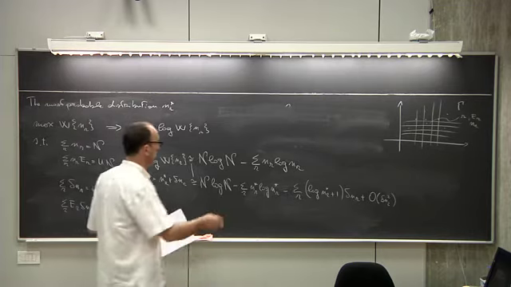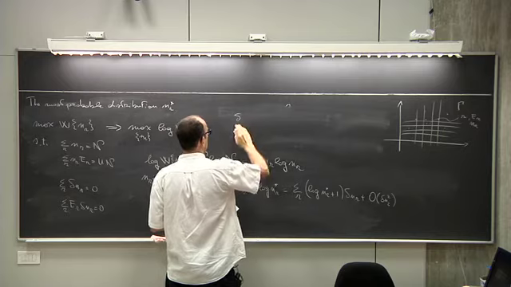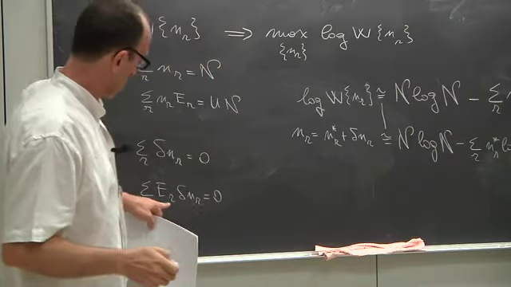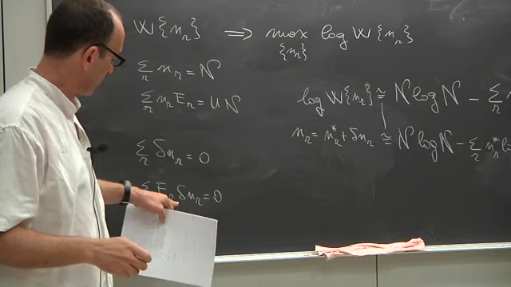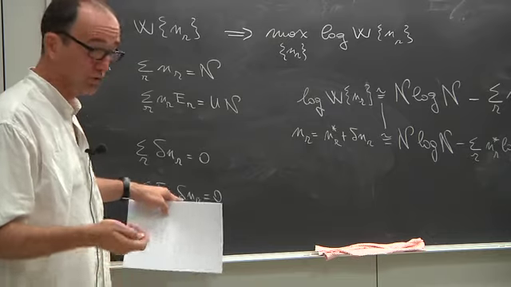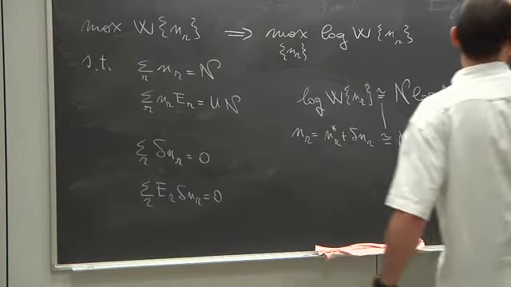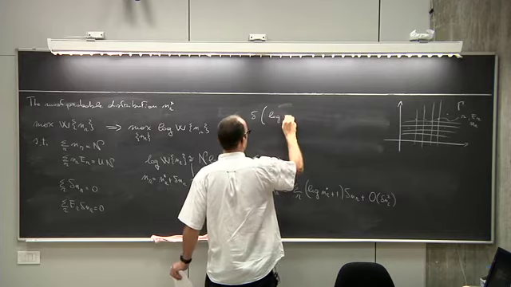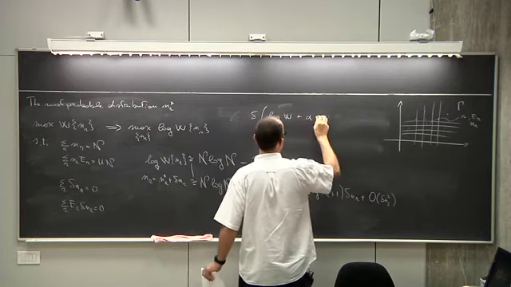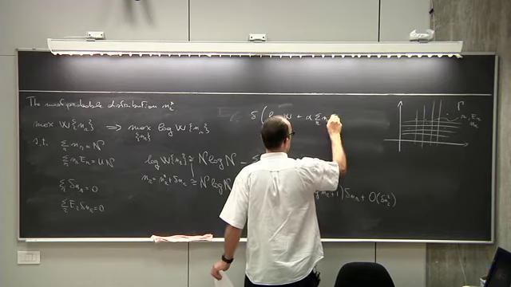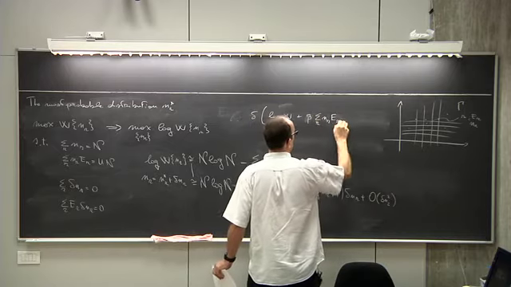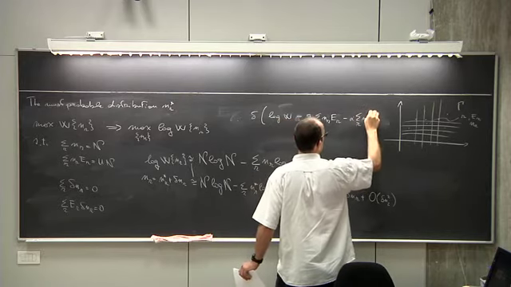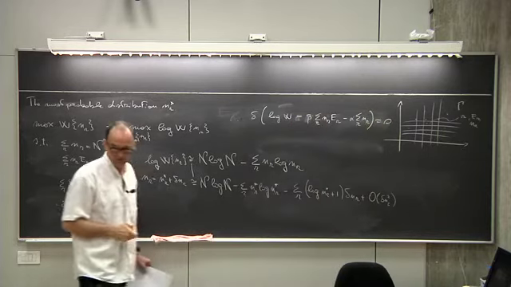In order to do this, I have to introduce Lagrange multipliers, and consider that the variation of the log of W plus beta times sum over r of E r delta n r minus alpha sum over r of delta n r must be 0.